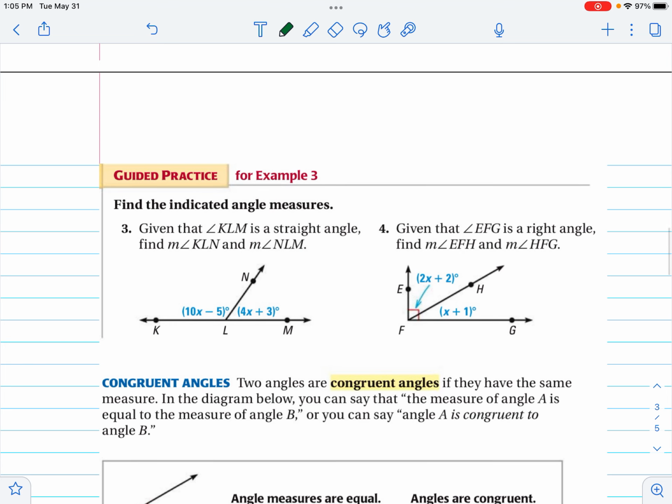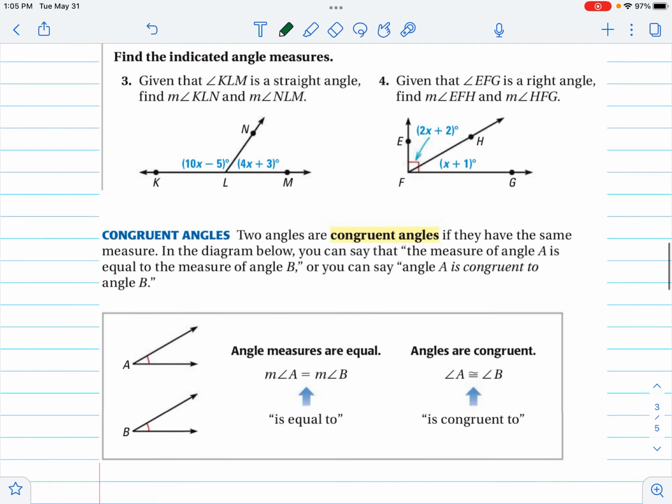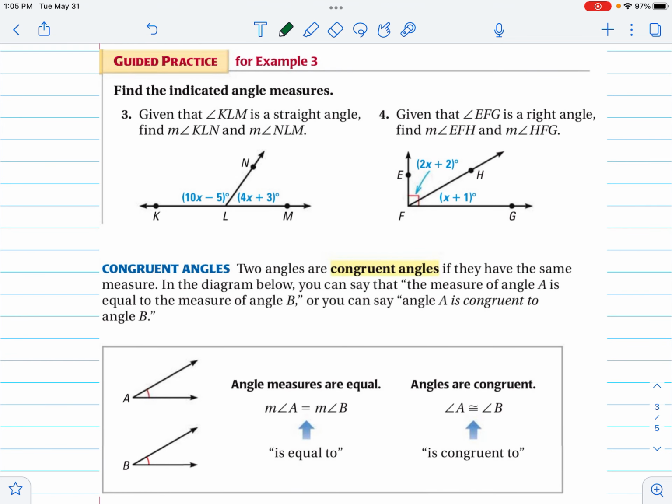Okay, now let's look at another example here. Let's suppose that we have a straight angle. Okay, right here is a straight angle. Well, then what we know is that 10x minus 5 plus 4x plus 3 has to equal 180.